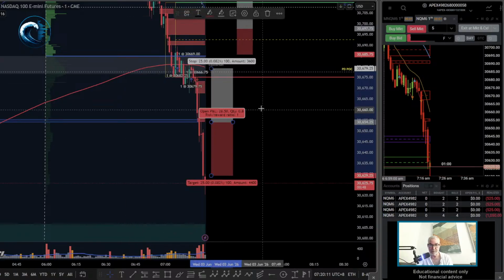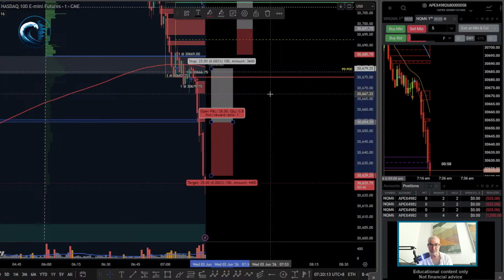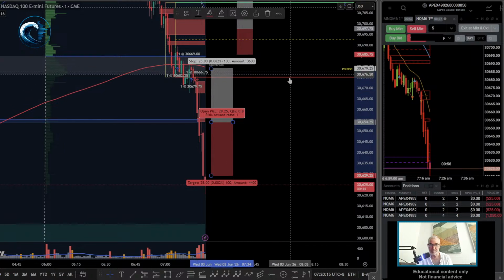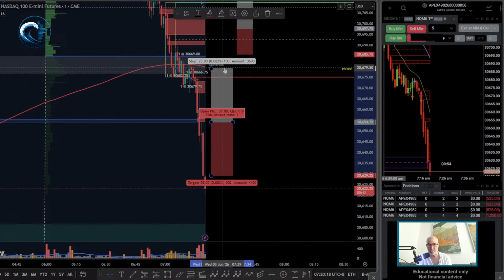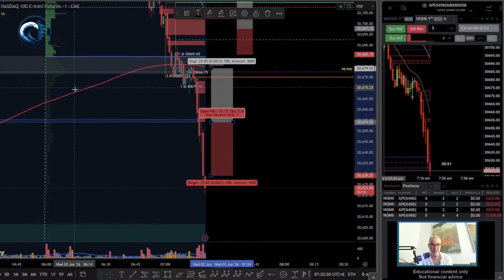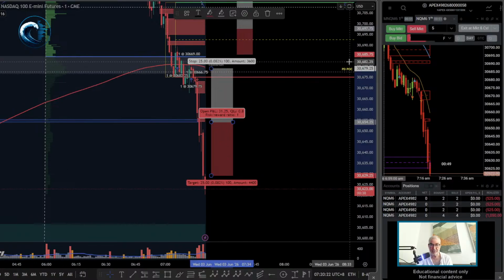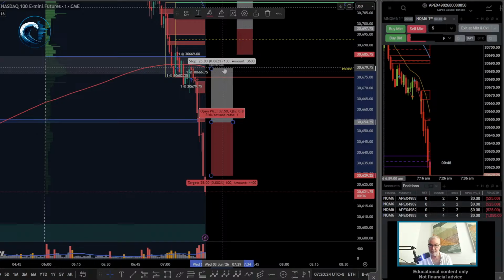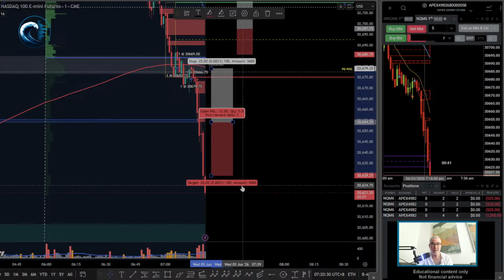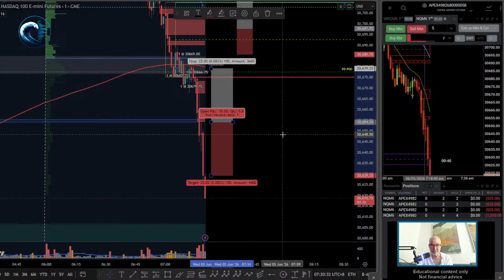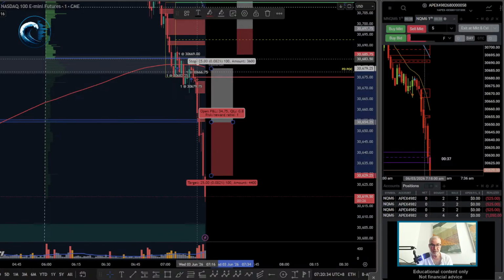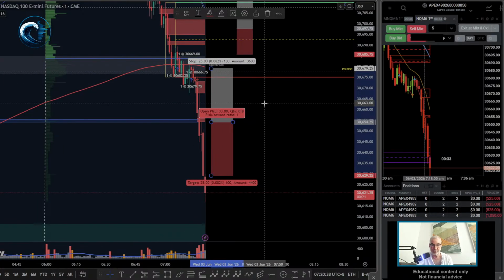What I'm trying to do is only trade with a bit of backing behind me, and when I say backing, I'm talking about these levels. So if I can get my stop loss behind, sorry guys, it will make sense for me to trade that.